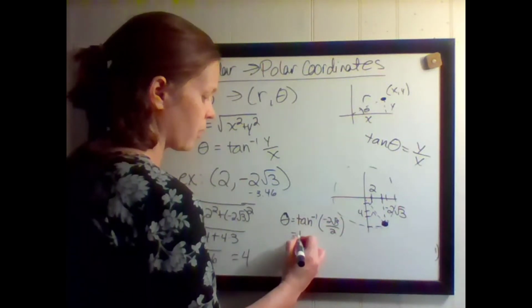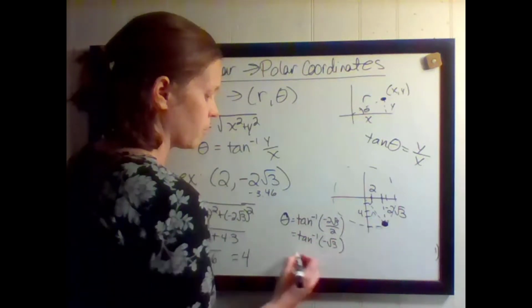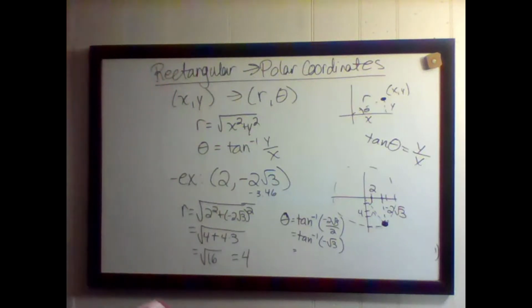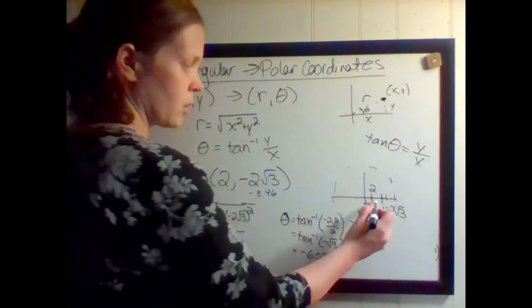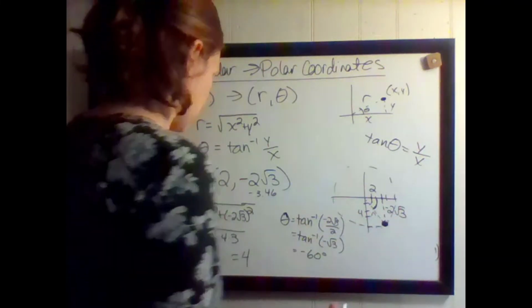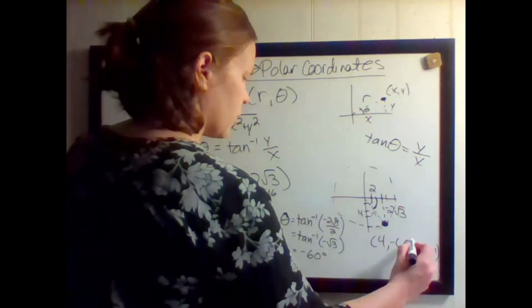Or if I simplify this, tangent inverse of negative root 3. Now I can figure it out from my unit circle, or if I put it in my calculator, it's going to tell me negative 60 degrees. Now I wouldn't typically leave it like that, though I could. 4, negative 60 gets me to that point.